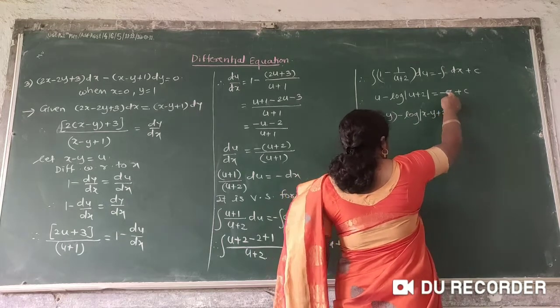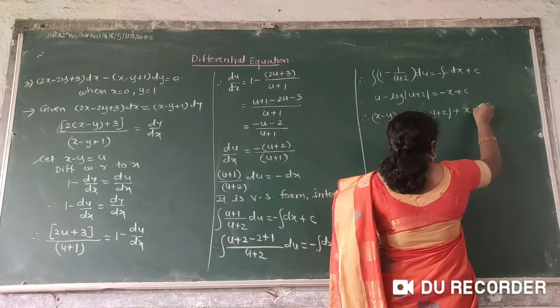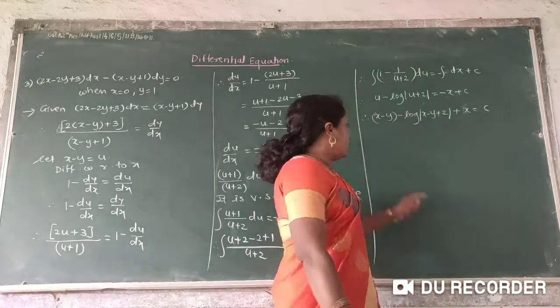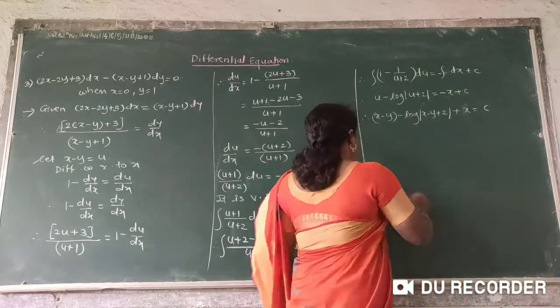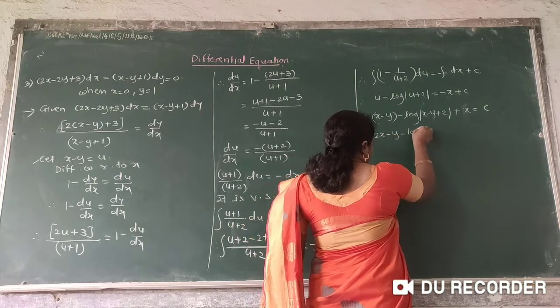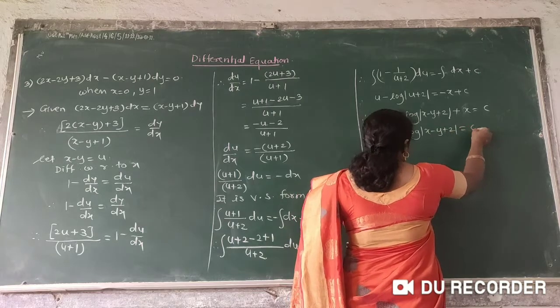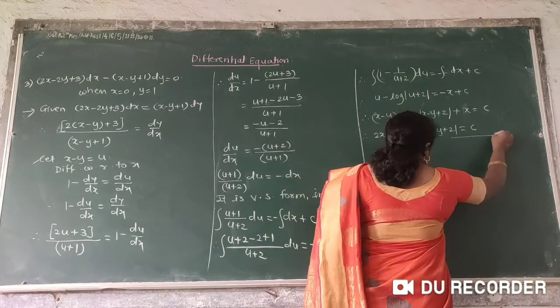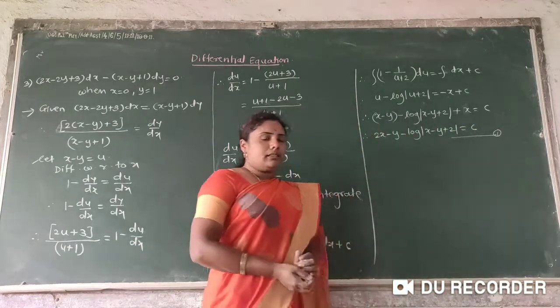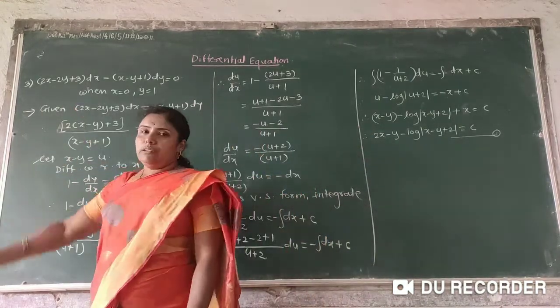Take minus x to the left hand side, we get plus x equal to integration constant c. x plus x is 2x. Therefore, we get 2x minus y minus log mod of x minus y plus 2 equal to c. Suppose this equation as 1, and this is the general solution of the given differential equation.